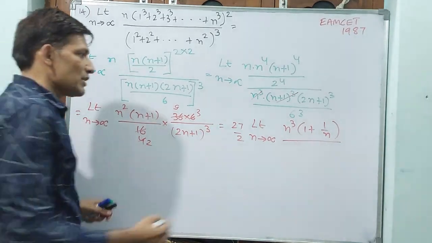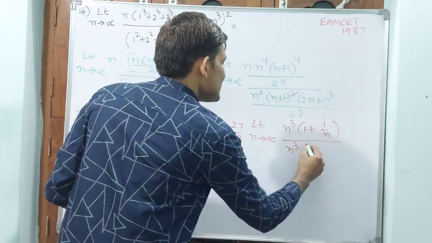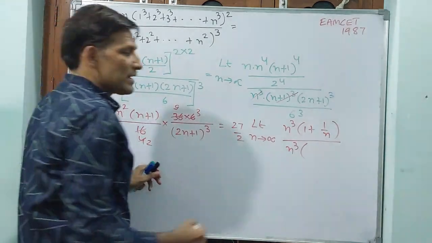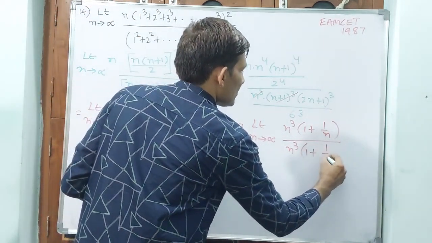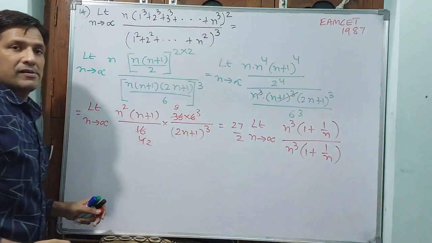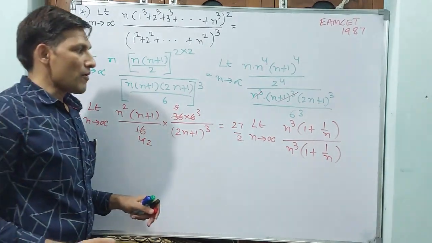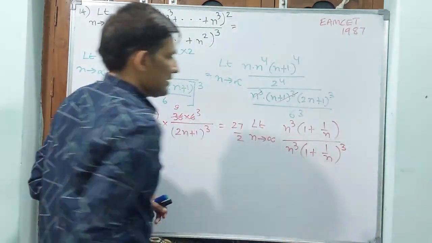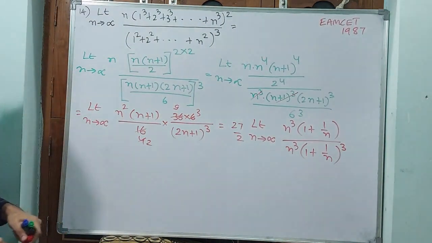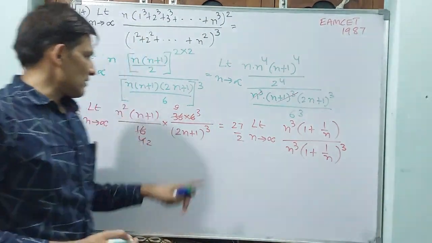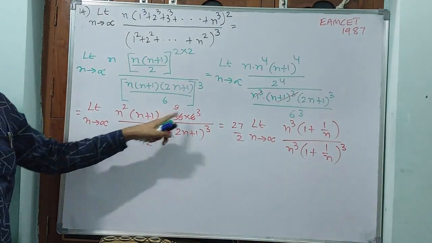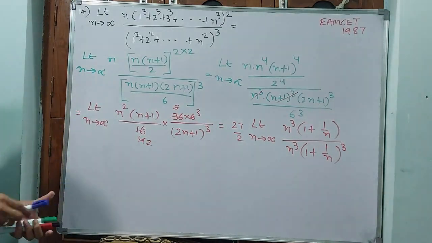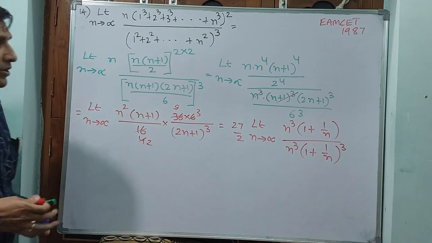That means n cube you take common, 2 plus 1 by n whole cube actually it is. Cube matched, but because here cube is there, here nothing is there, that is why only that has come. Now you see n cube got cancelled here.